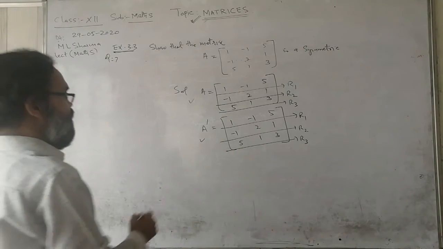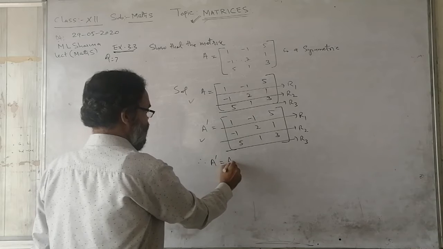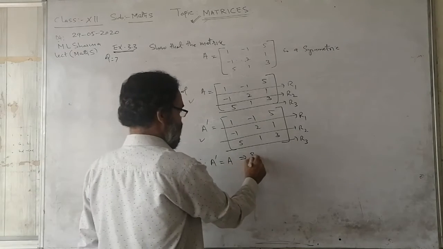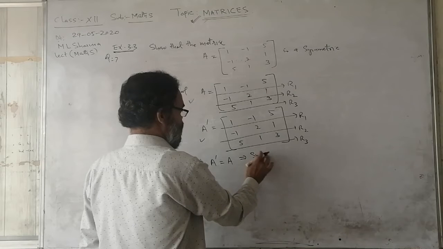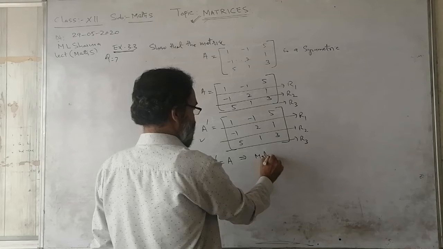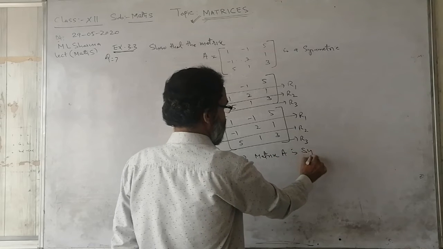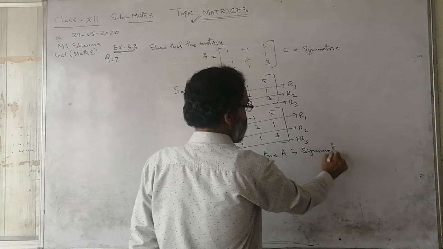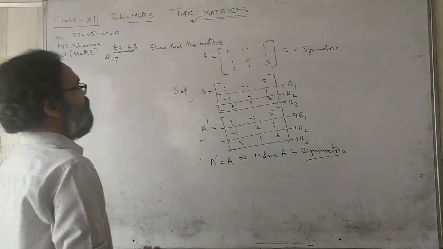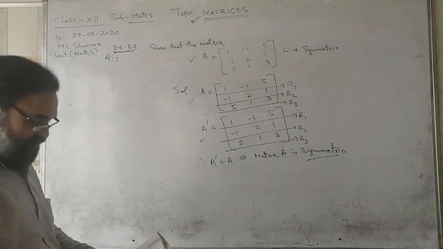So if they are same, that means A transpose equal to A. So this is the definition of symmetric matrix. This means matrix A is symmetric. So this we have to prove here. A is a symmetric matrix.